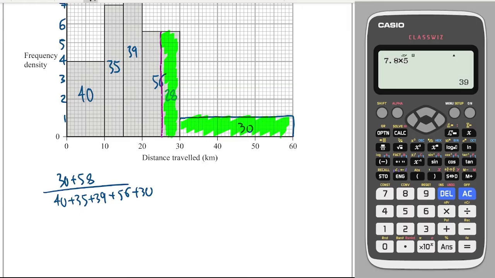So that needs to go into the calculator. 30 plus 58 over 40 plus 35 plus 39 plus 56 plus 30. And that equals 0.44.